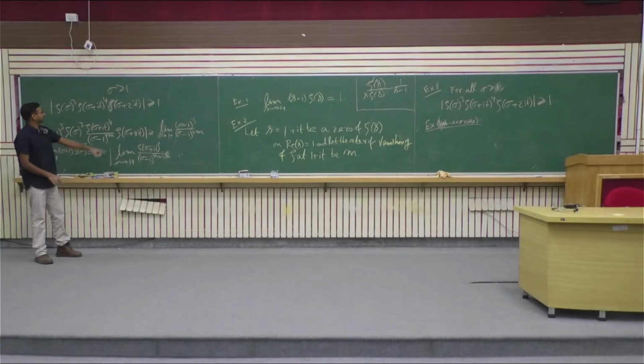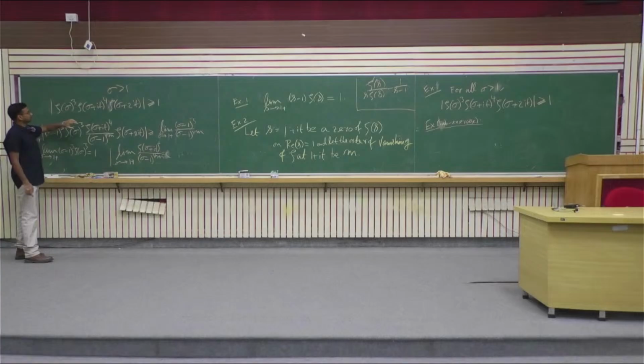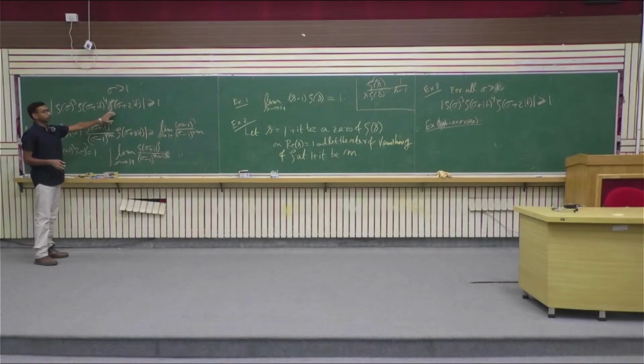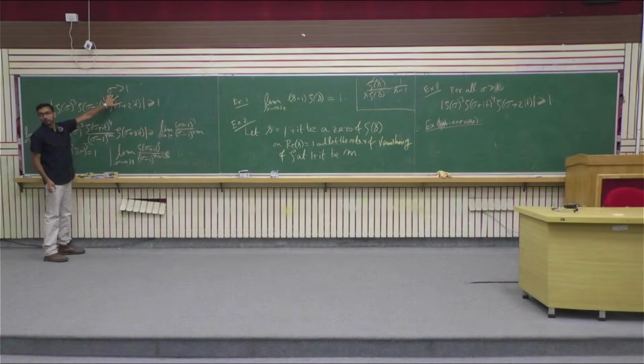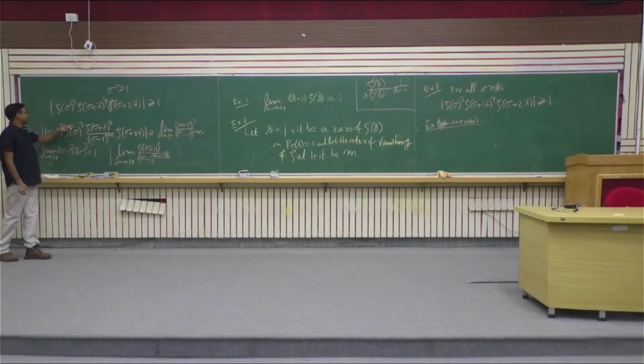But that already means that, wait a minute, this is greater than or equal to 1 for all the sigmas which are greater than 1, but at 1 plus 2it this doesn't guarantee that there cannot be a 0. So there can be a 0 at that point. We are proceeding by contradiction, right? We are assuming that there is a 0 here, and from there alone we are getting a contradiction.